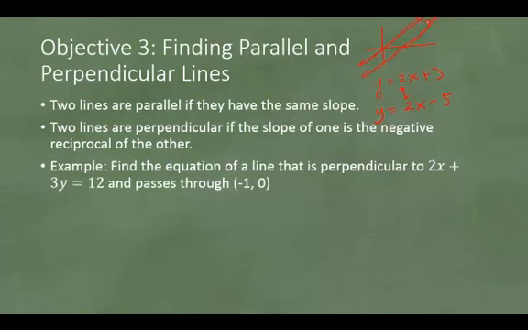Two lines are perpendicular if the slope of one is the negative reciprocal of the other. So if we have y is equal to 2x plus 3, and the other line is y is equal to, not 2 but 1 over 2. In other words, you flip the fraction. This can be thought of as 2 over 1, and we flip it and make it negative.